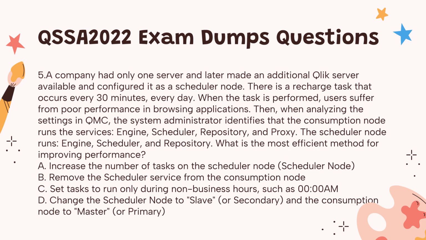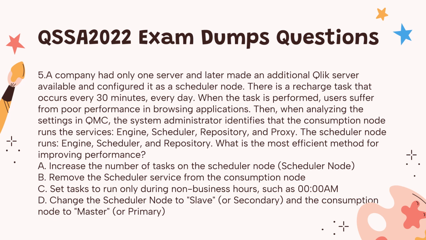5. A company had only one server and later made an additional Qlik server available and configured it as a scheduler node. There is a reload task that occurs every 30 minutes, every day. When the task is performed, users suffer from poor performance in browsing applications.